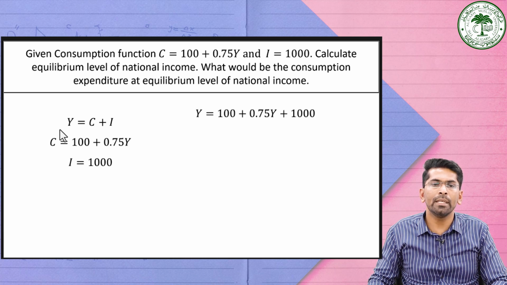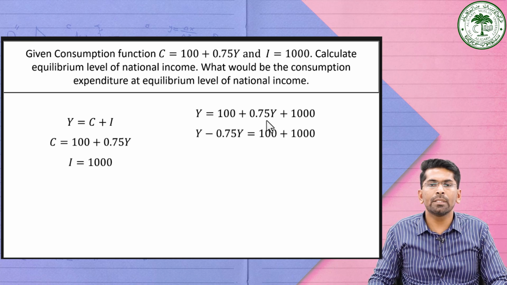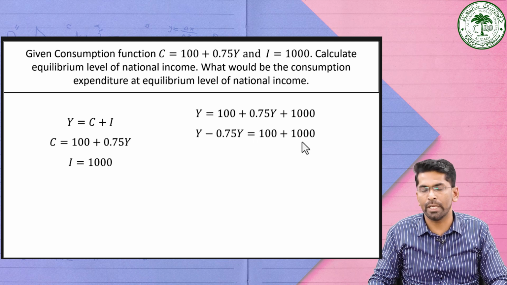Now we substitute C and I into this equation. It becomes Y is equal to 100 plus 0.75Y plus I, which is 1000. Now I take the Y term to the left hand side of the equation, so it becomes Y minus 0.75Y is equal to 100 plus 1000.